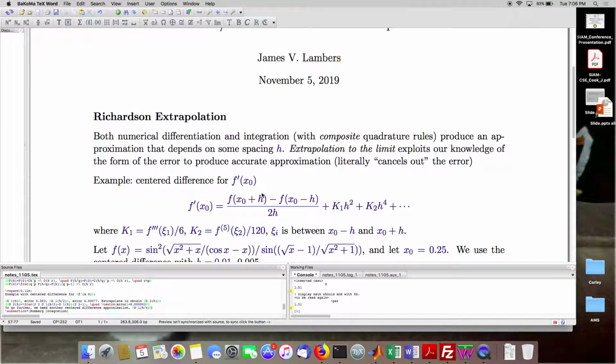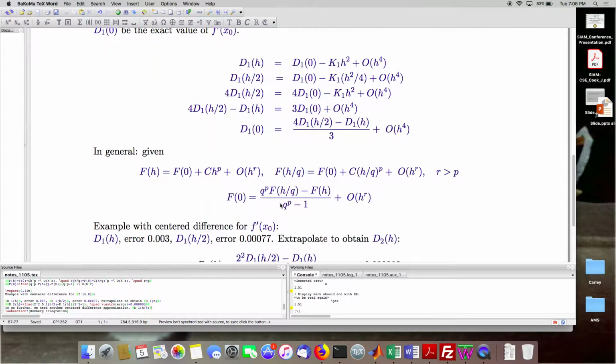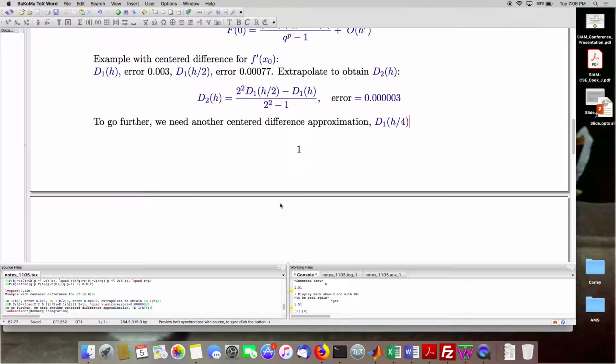I've already done it with spacing h over 2. I do it one more time, h over 4. And the error in that approximation is roughly 0.0002, roughly 1/4 of this, again because center difference is second order accurate.